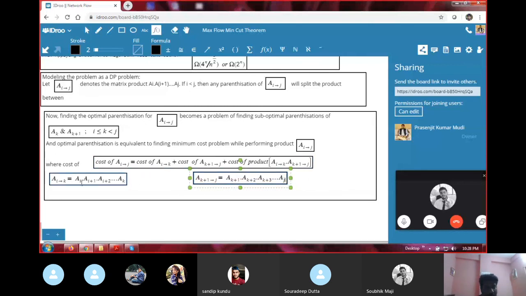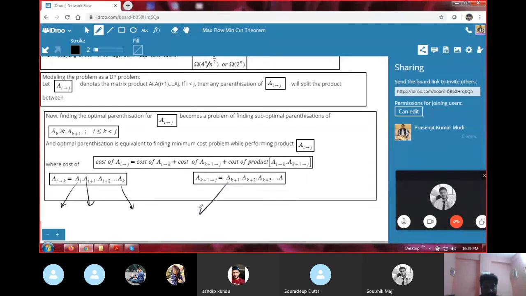Now I want to draw here. Each of these matrices has its own dimension.